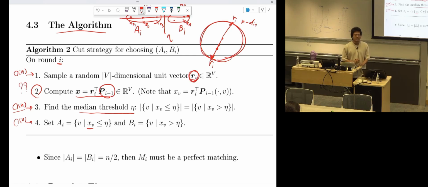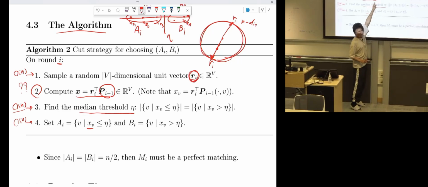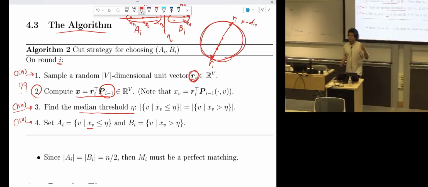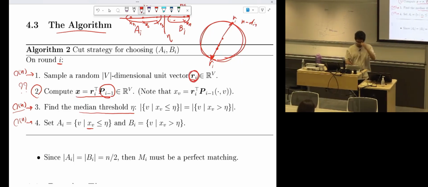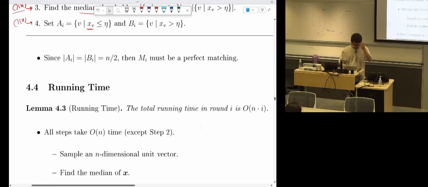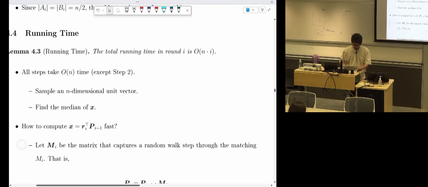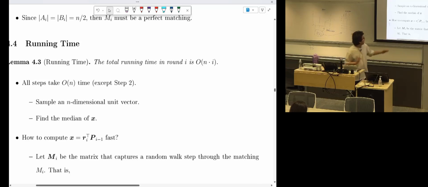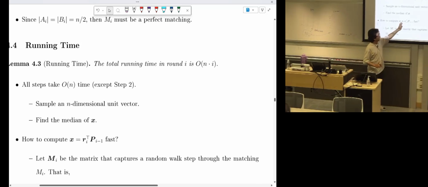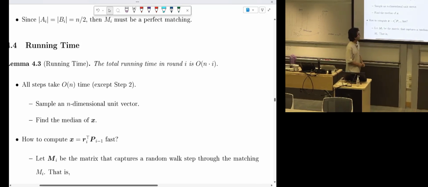Okay. Why is this fast? Because we cannot even afford to write down pi_{i-1}. So let's see. How do we compute x fast?